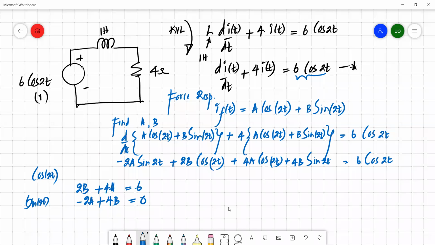So then you can simply find the values of a and b. If you just multiply the second one by 4. So then 6b equals 6, b equals 1. So then b equals 1 means a equals 2.